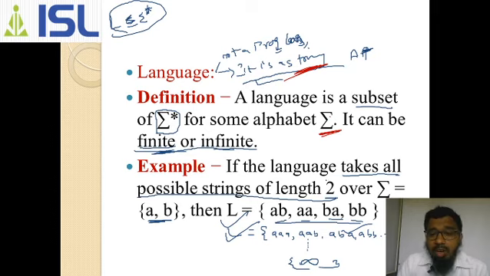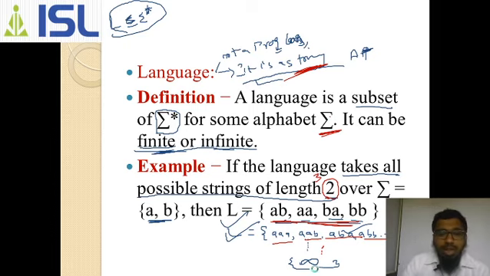So if the language takes all possible strings of length 2 over sigma, we will get this value. We only want level 2 of sigma a comma b. If in place of 2 it says length 3, then we need to get the values of length 3. Like that we can do it for any given length. Clear? So this is the definition of language.